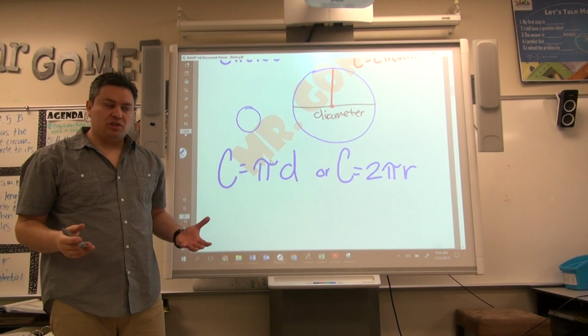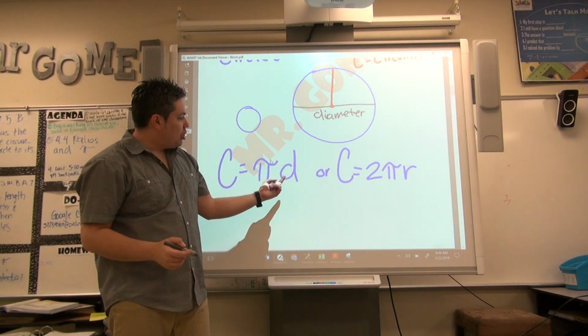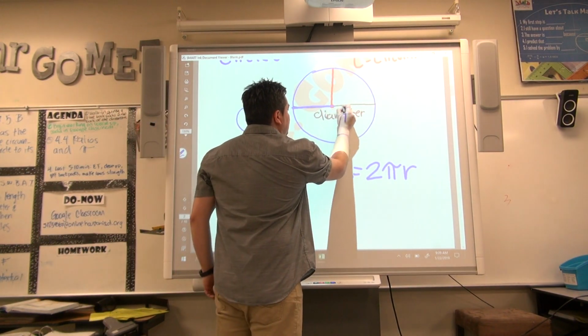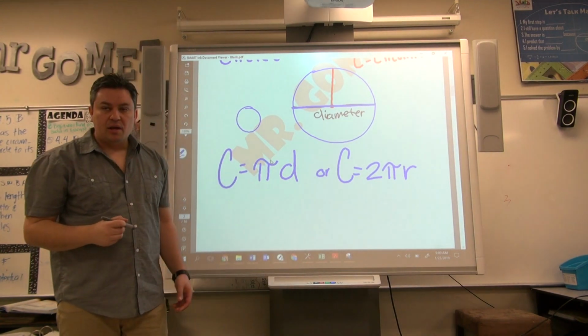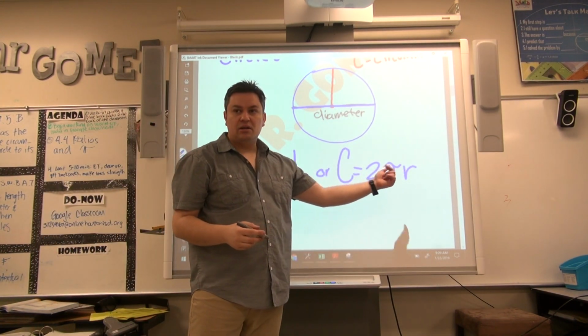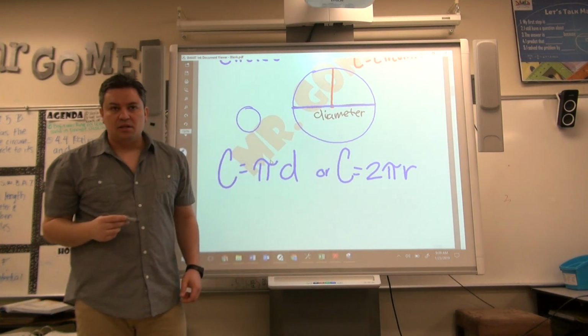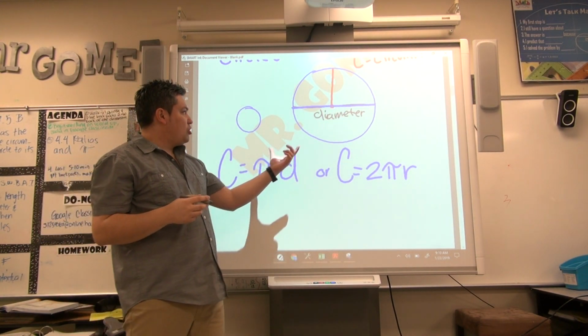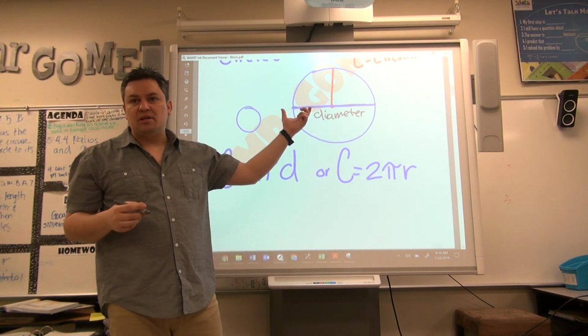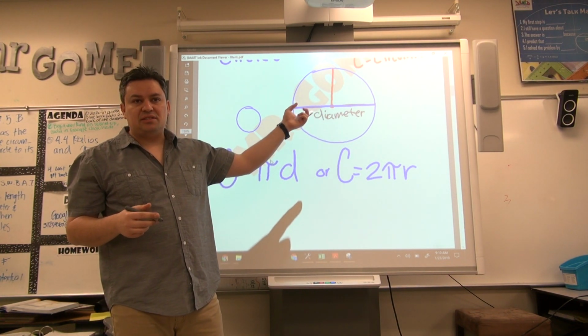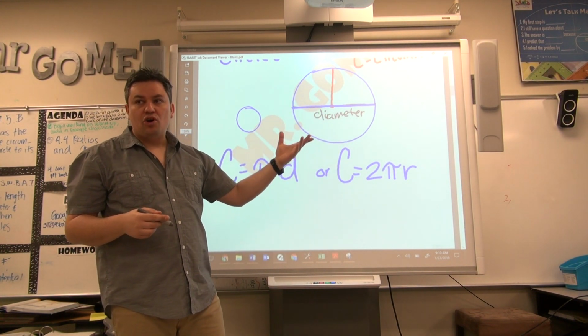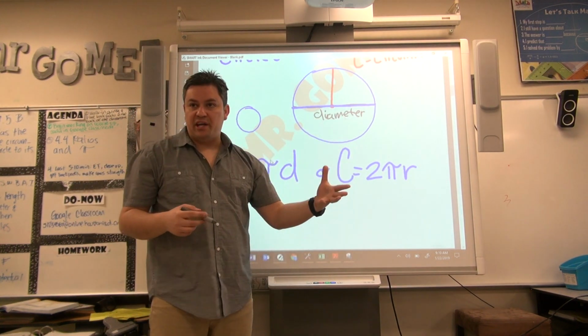What is the difference between those two? On one of them, you are using the diameter, the whole thing. And on the other one, you use the radius, which is the red line right there. There's no difference. What did I tell you about the radius and the diameter? The radius is half the diameter, or the diameter is double the radius, right?